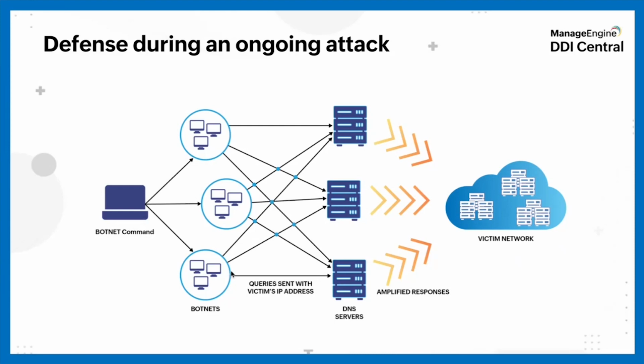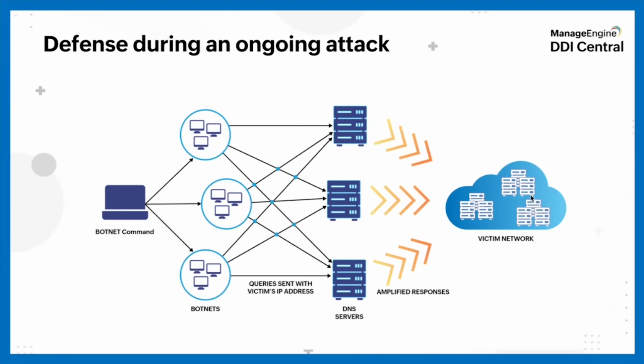The DNS servers in your healthcare network, unaware of the deception, respond to these queries. However, due to the nature of the attack, these responses are not just simple replies. They are massively amplified, meaning a small query triggers a large response. The final target of this onslaught is the victim network in your healthcare facility.